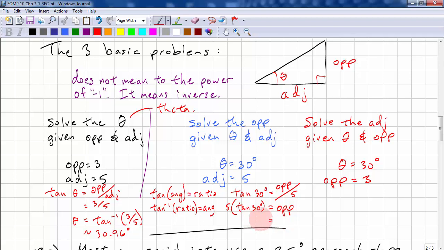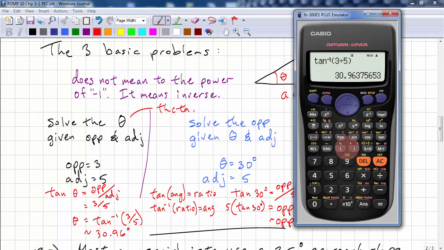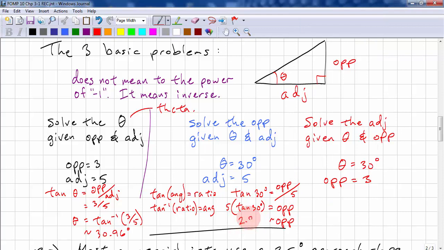So opposite is approximately 5 tan 30, 2.89. Now we don't have to put centimeters or meters here because there are no units here. But if there were units here, you would have to put units down here.